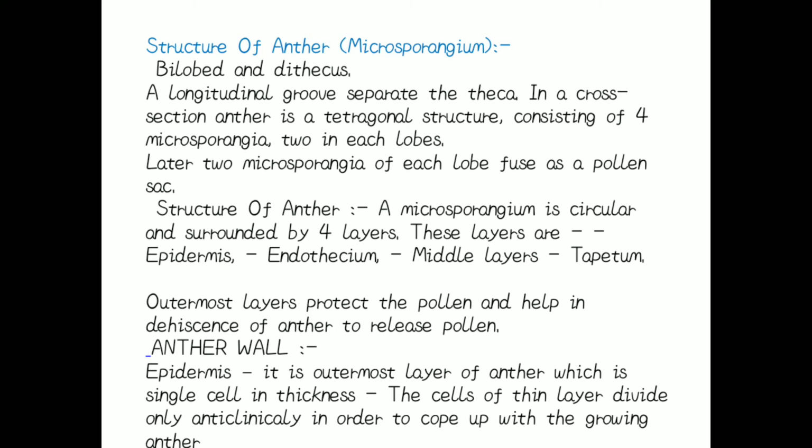Structure of anther. A microsporangium is circular and surrounded by four layers. The outer layer is epidermis, followed by endothecium, then the middle layer, and the innermost layer is tapetum.